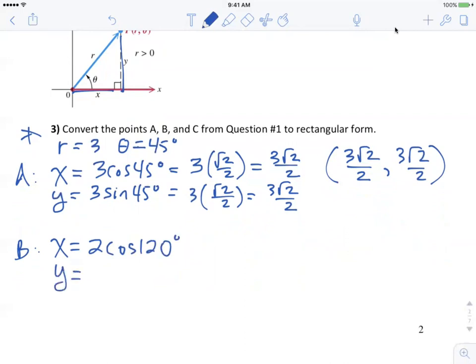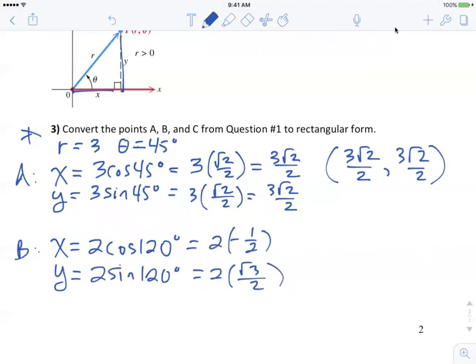Y is equal to 2 sine 120. And then the cosine of 120 is -1/2 from unit circle. And it's positive √3/2 for the sine. So that's -1 and √3. My point will be -1, comma, √3.